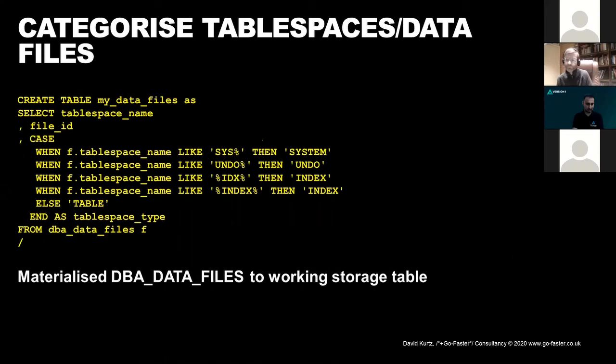So when I first did this, we were speculating that we had a read consistency problem. So the first thing I did is I categorized our table spaces. I said, well, we've got system, we've got undo, we've got a bunch of index table spaces, and everything else is a table space. And I'll join this temporary table to my ASH data.